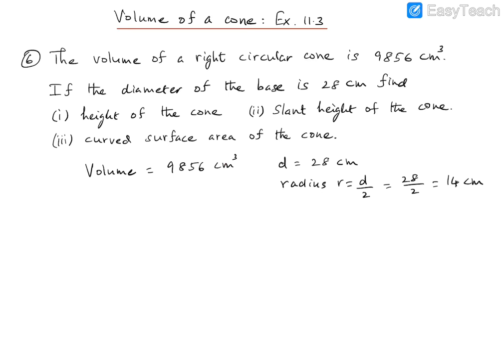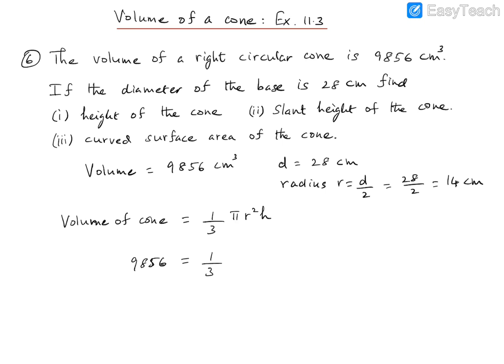We are given the volume of the cone. So what is the formula for the volume of the cone? Volume of cone is 1 upon 3 pi r square h. So we are given the volume. So on the left hand side we will have 9856, and that is going to be equal to 1 upon 3.